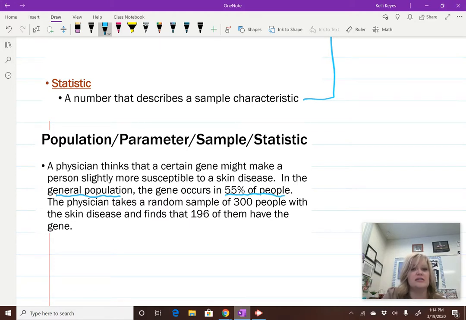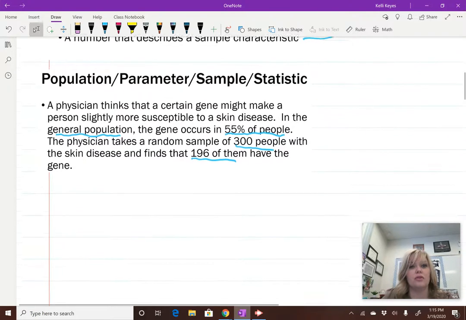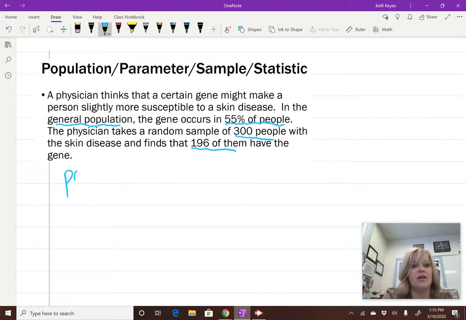The physician takes a random sample of 300 people with this skin disease and finds that 196 of them have the gene. So for this problem, if I asked you, define the population, what is the population? It looks like the only information we have is just the general population, right?